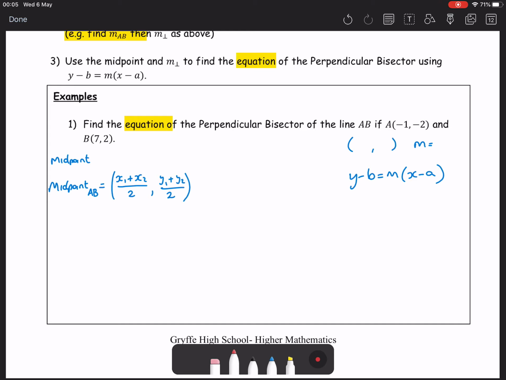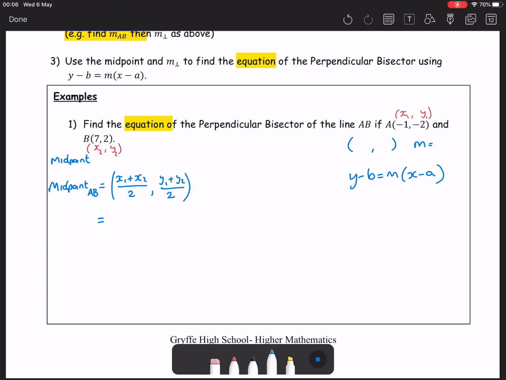So here we have our x and y of our first, and our x and y of our second. Again, marking our values to try and keep as accurate as possible.